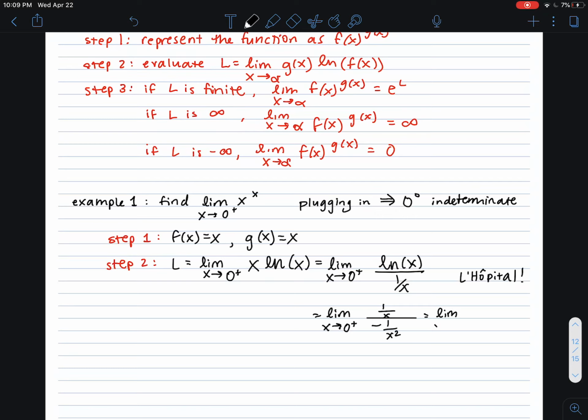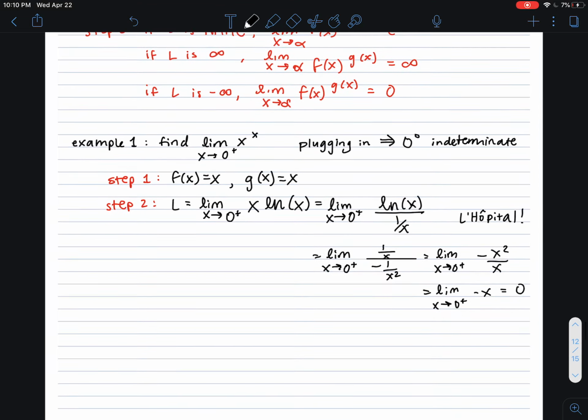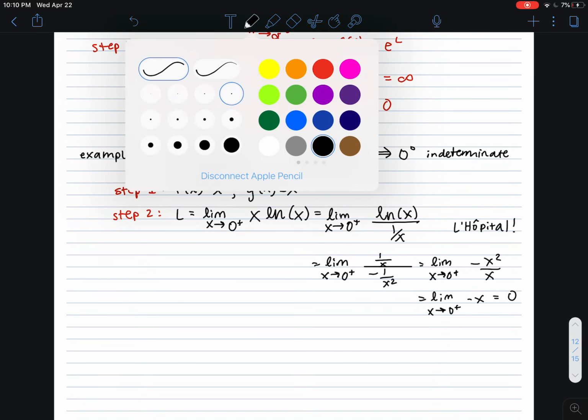And if we rewrite that, we get the limit as x approaches 0 from the positive side of negative x squared over x. And this is equal to the limit as x goes to 0 from the positive side of negative x, which is just 0, because negative 0 doesn't really make a difference. Okay, so we're not done.